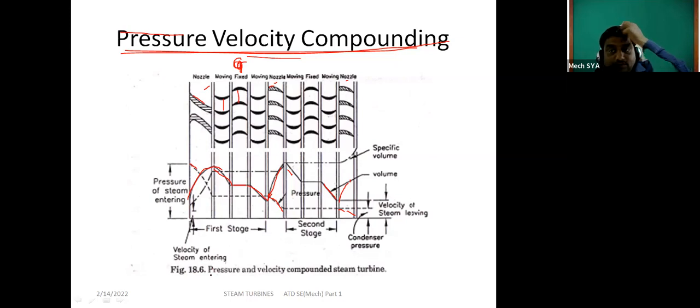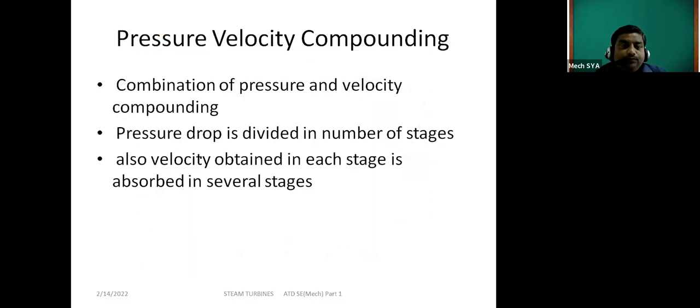Pressure is absorbed continuously by arranging an increasing number of nozzles, a series of nozzles, and by increasing the number of moving blades, we are decreasing the velocity. So this is the combination, where both pressure as well as velocity are absorbed. In pressure velocity compounding, the pressure drop is divided into a number of stages, and the velocity is also absorbed in several stages.